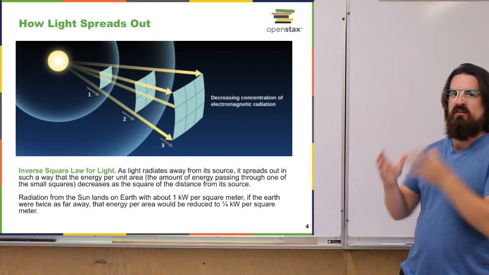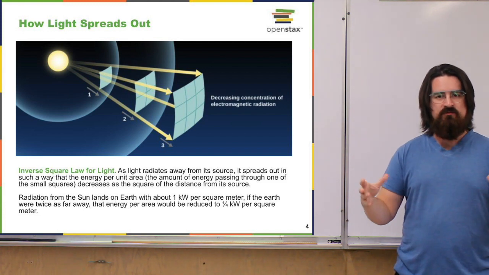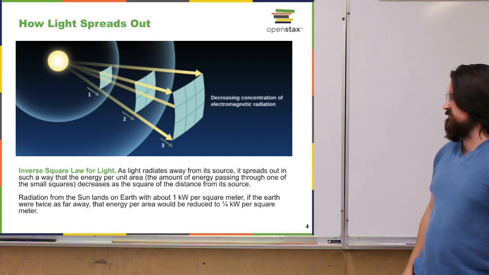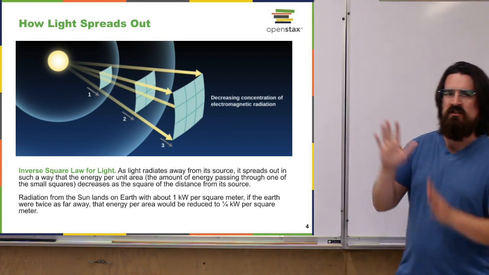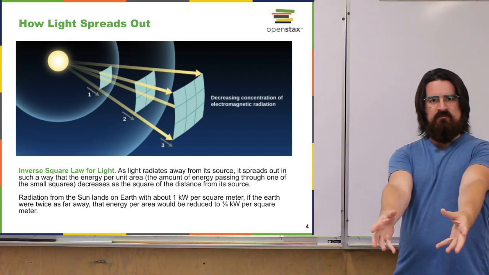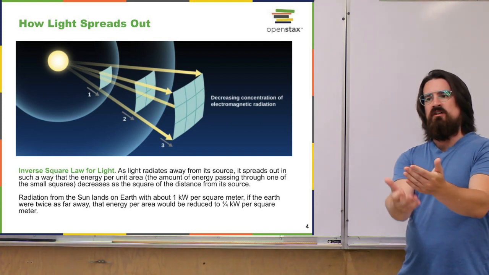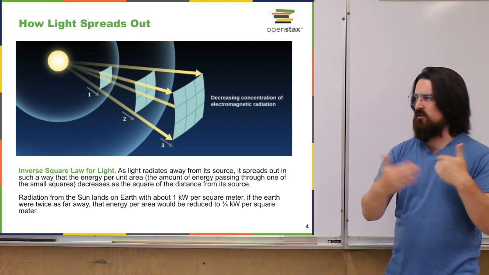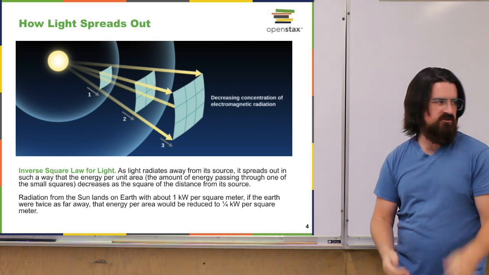And so the power that would land on 1 square meter of the Earth at that distance is only 1/4 of a kilowatt. So it might be a little tricky idea, but more basically, just the further you are away from this source of radiation, the lower the intensity of that radiation gets. It's inversely proportional, or this inverse relationship.